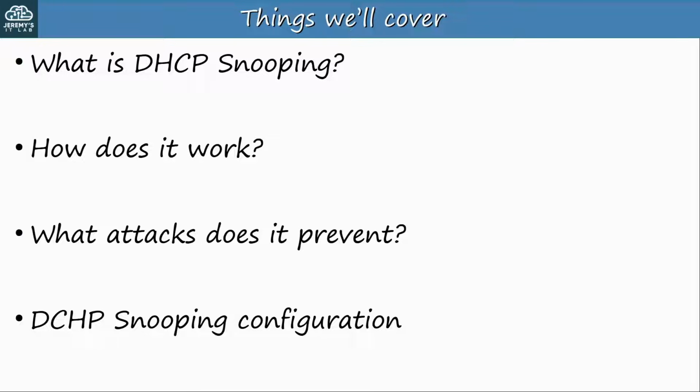It can prevent attacks like DHCP exhaustion and DHCP poisoning. We also looked at how to configure DHCP snooping on Cisco switches. Remember to enable it globally, enable it per VLAN, and then configure the appropriate interfaces as trusted. Also, keep option 82 in mind. You may need to use no IP DHCP snooping information option to disable it.